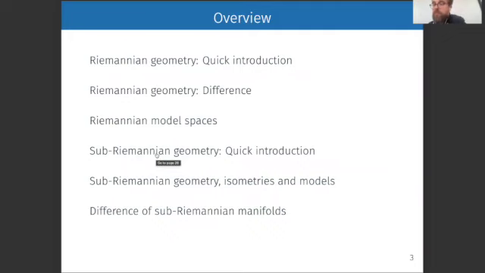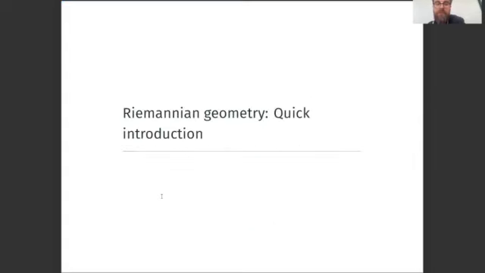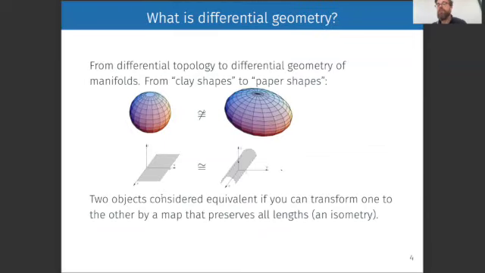For sub-Riemannian geometry, we will then do the same quick introduction, talking about what models are, and we're going to use isometry to have some sense of what models are in this setting, or at least one approach to models. And then we're going to talk about how to see the difference between sub-Riemannian manifolds.